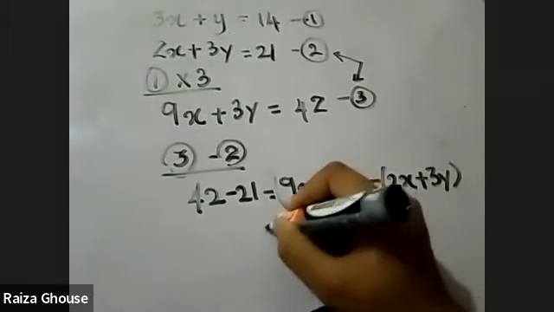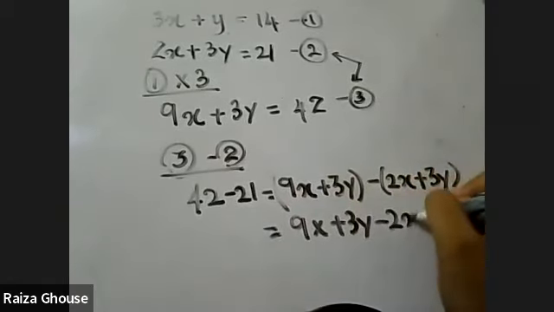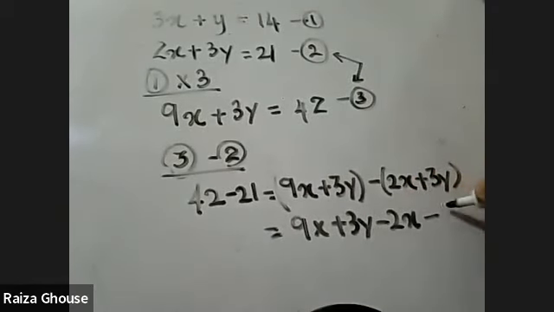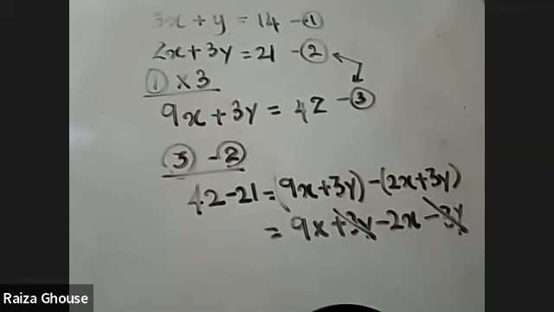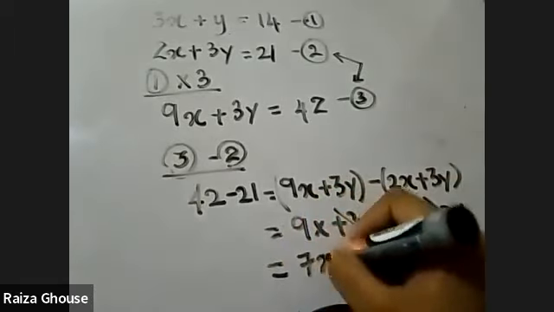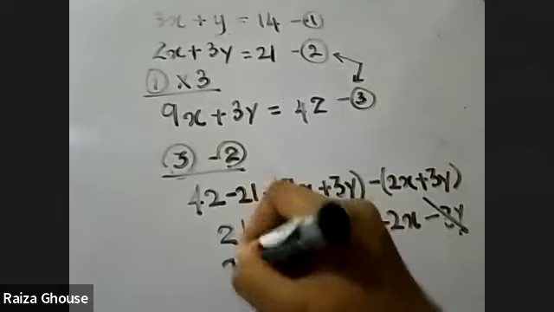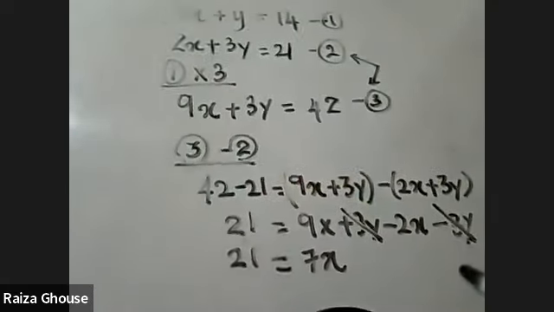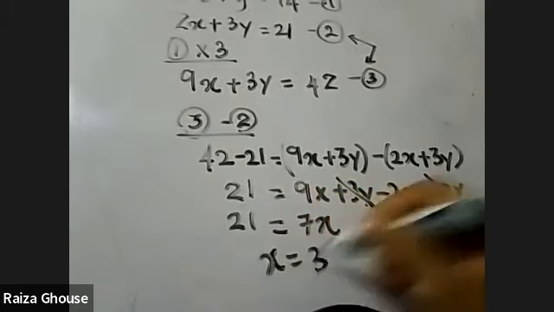So I can write 9x plus 3y minus 2x, plus into minus is minus 3y, and plus 3y minus 3y gets cancelled. 9 minus 2 means 7x. 42 minus 21 is 21. So 7 and 21 are related. They are multiples. So x is equal to 3.